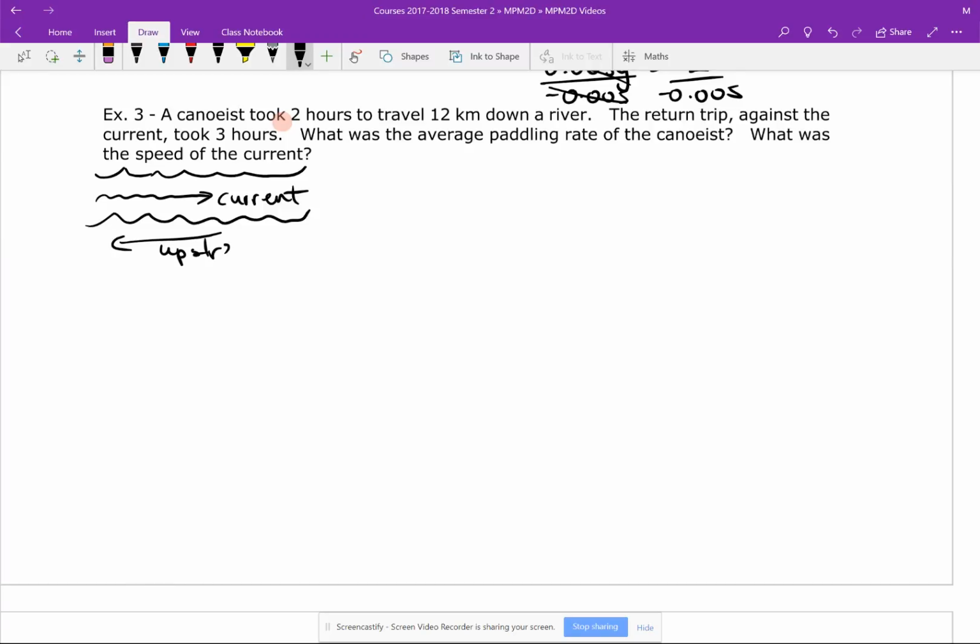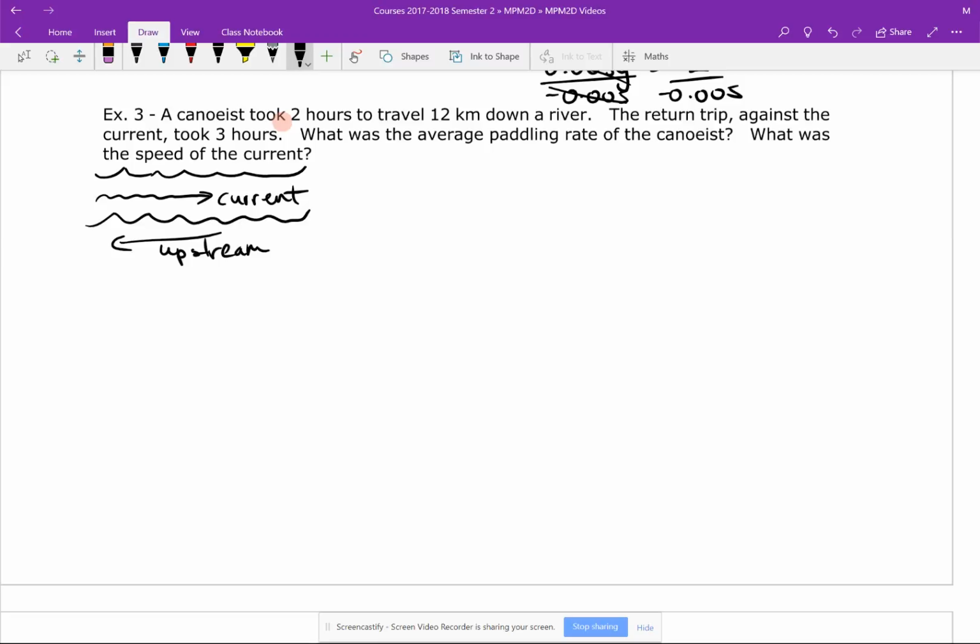You're going against the current. Downstream means you're going with the current. So obviously, if you're going with the current, you're going to travel the same distance faster than you would be going against the current, right? Because the current is pushing you back.